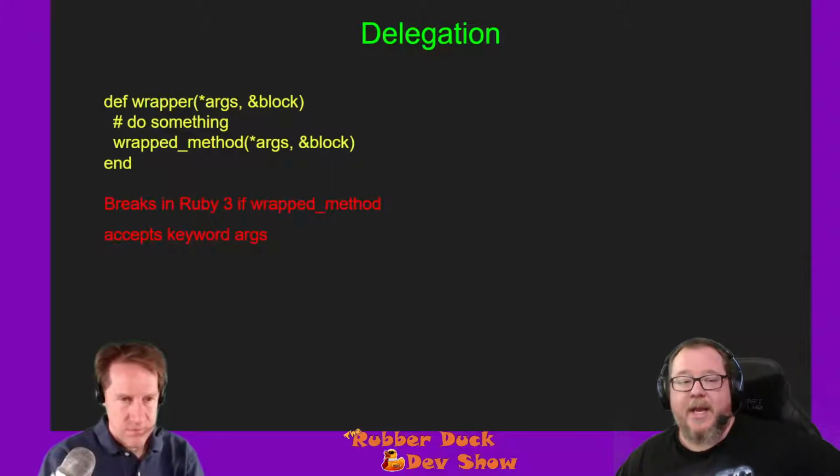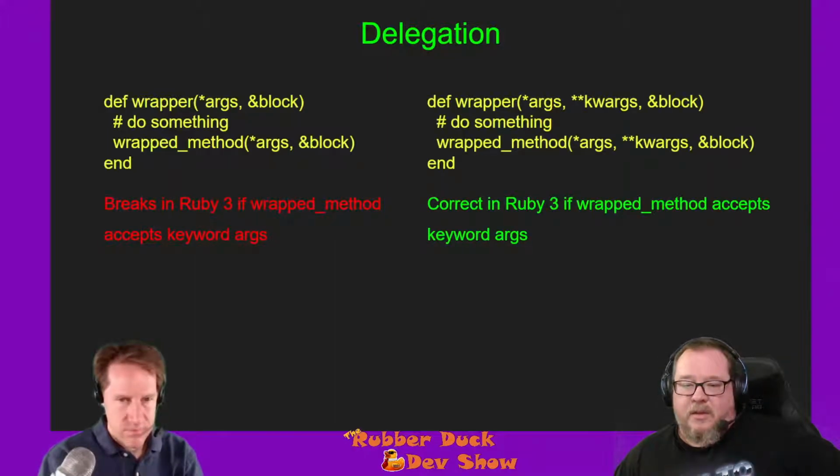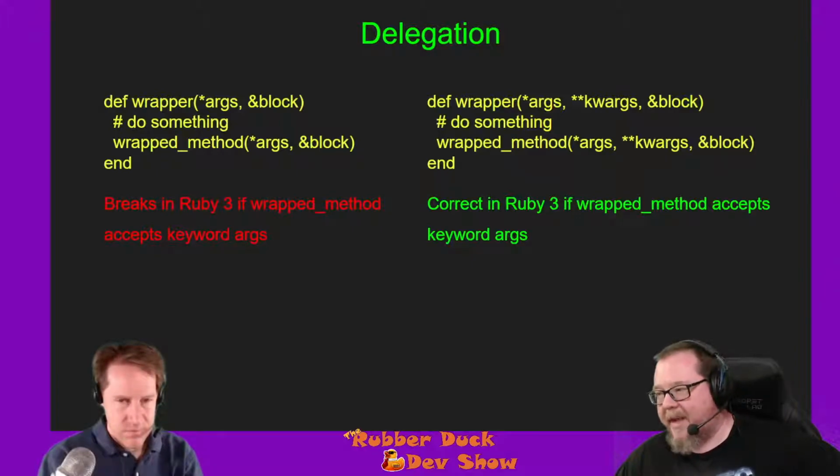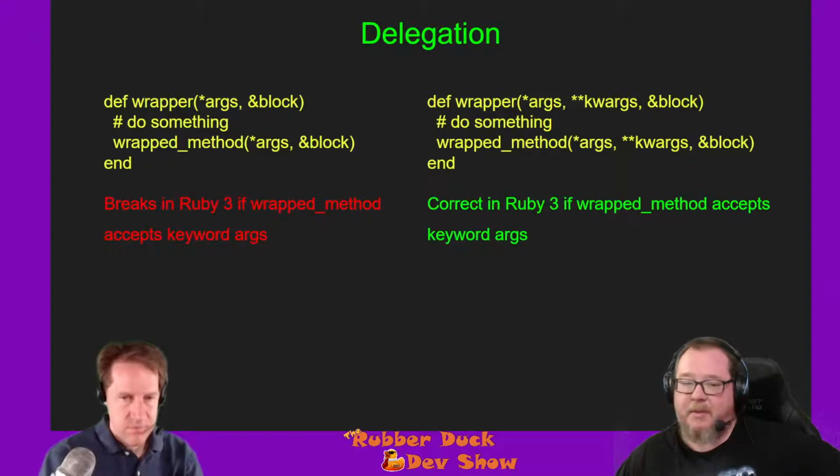But in Ruby 3, if your wrapped method accepts keyword arguments, this breaks. So what you have to do is, if your wrapped method accepts keyword arguments, you have to specify that in your wrapper method, the double splat. This wasn't necessary in 2.7 because you could just delegate what you wanted to this wrapped method, but you have to be explicit now.